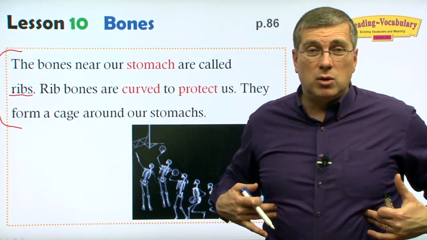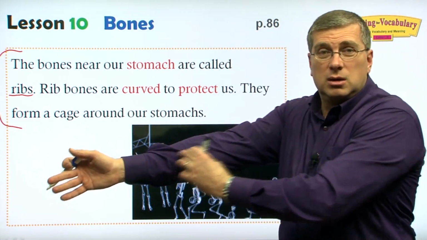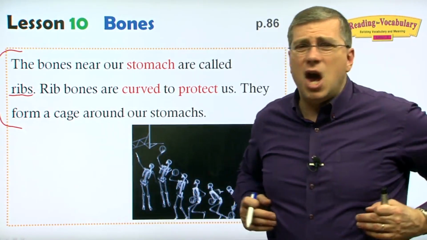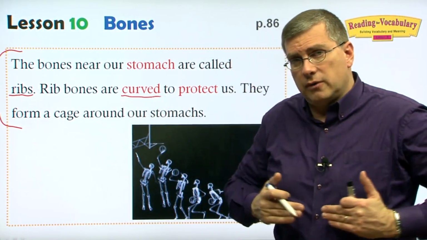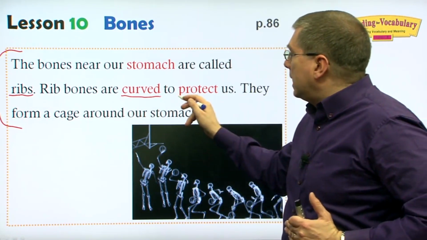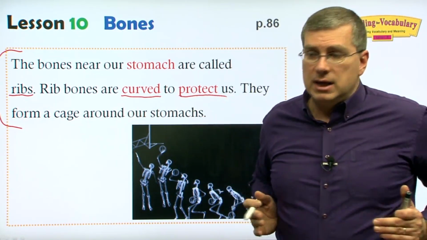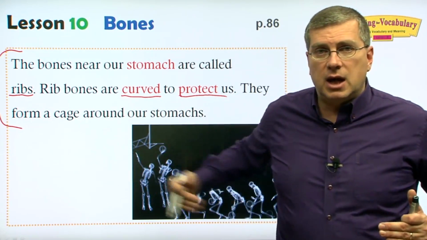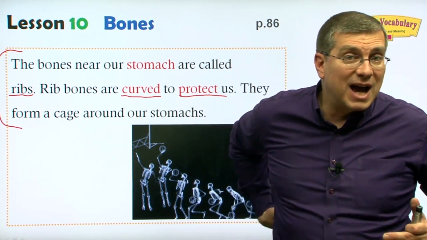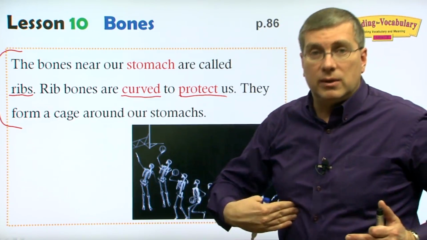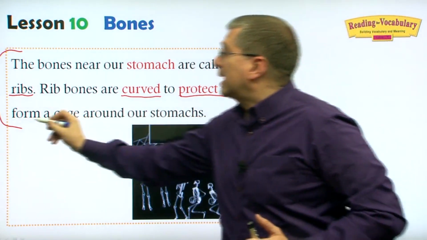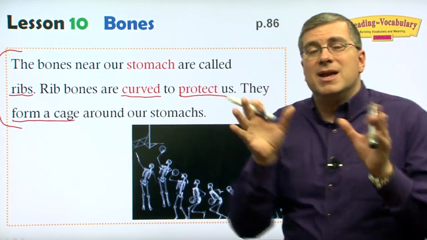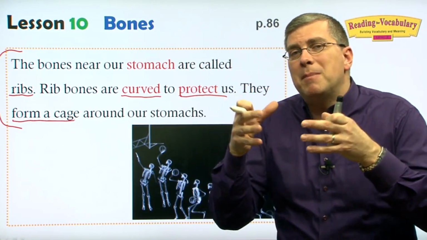Now, are rib bones straight and long like our arm bones? No, they are curved. They're curved around our body. Why? To protect us, right? To protect us from things that come in from all sides, behind us, on the side, or in front of us. These bones are curved. They form a cage. The shape makes a cage.